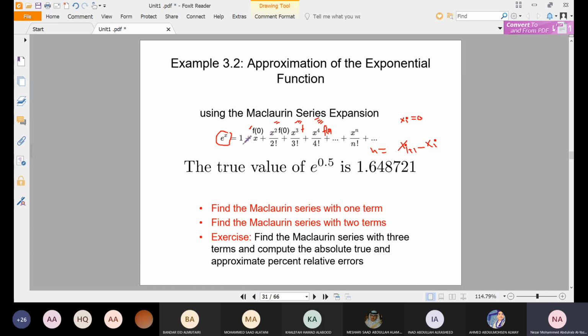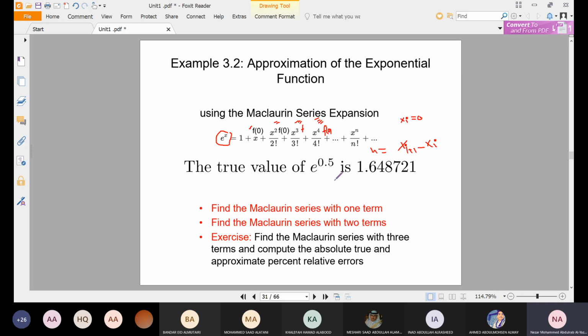This is the first term, and this will be f of 0 only, and after that this will be x multiplied by the first derivative of f of 0, and this will be x squared multiplied by the second derivative of f of 0 over 2 factorial, and this also f of 0 third derivative, multiplied by x cubed over 3 factorial, and plus like this until infinity. This is the Maclaurin series, a special case of the Taylor series.